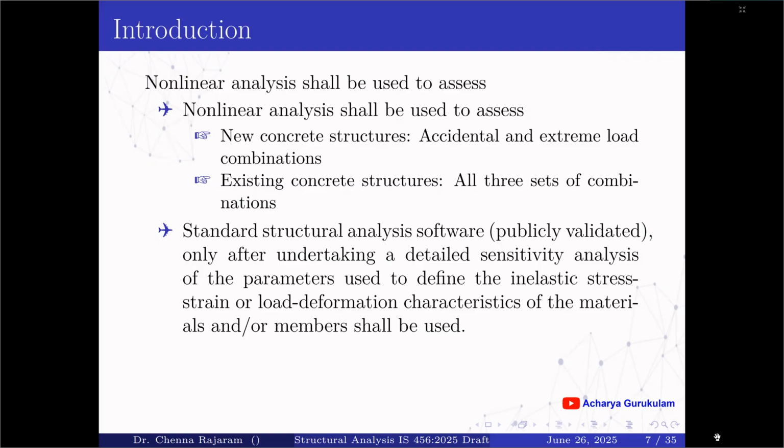Standard structural analysis software that is publicly available, like SAP, ETABS, shall be used only after undertaking a detailed sensitivity analysis of the parameters used to define the inelastic stress-strain or load-deformation characteristics of the materials and members.